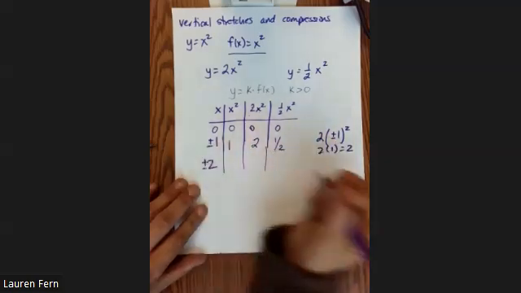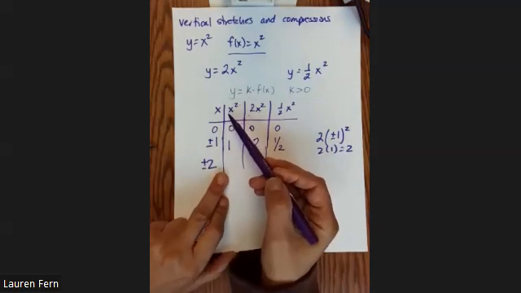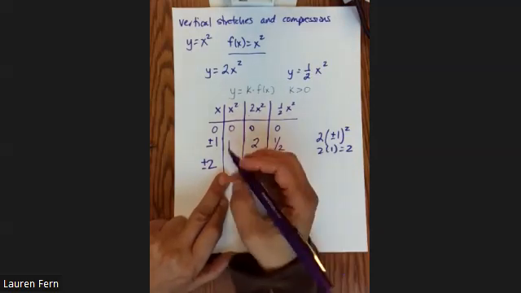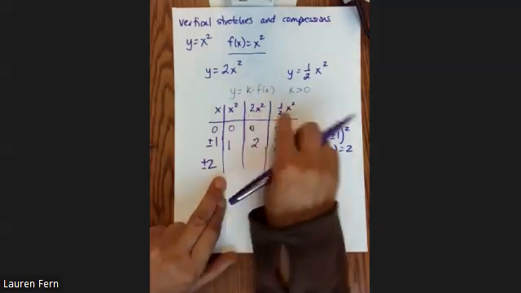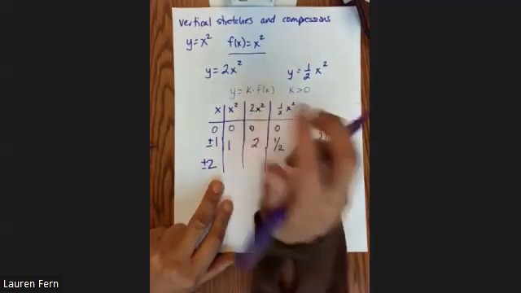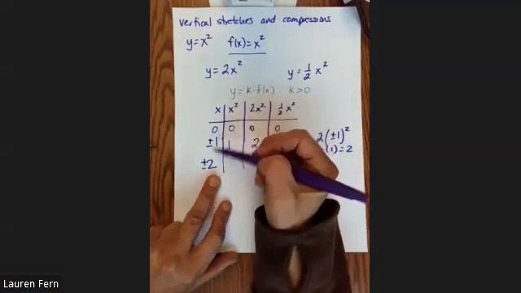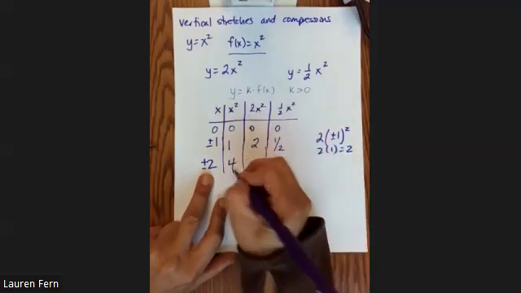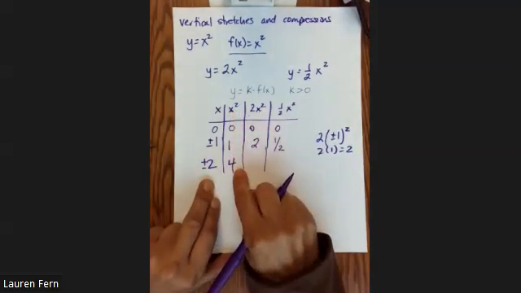What if I plug in positive or negative 2? Well, what do I get when I square plus or minus 2? So if I plug that into x squared, do you agree that 4 is going to come out? 2 squared is 4, negative 2 squared is 4.